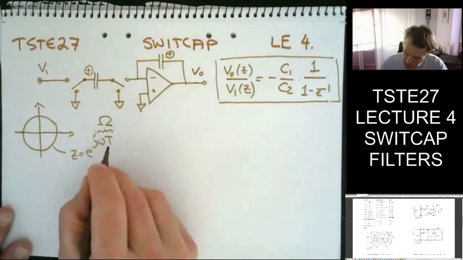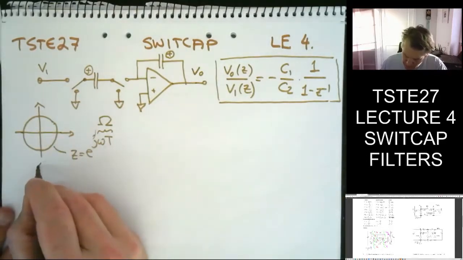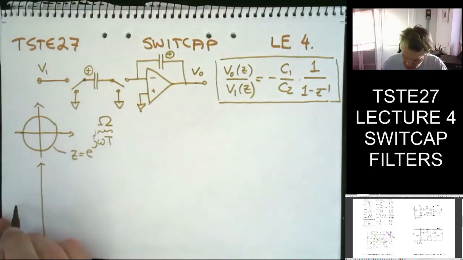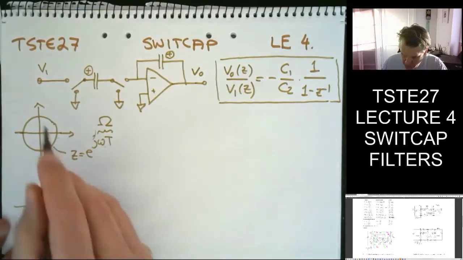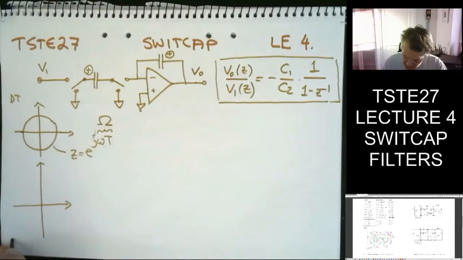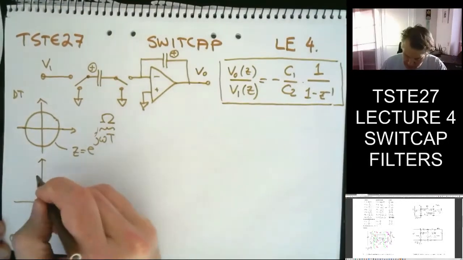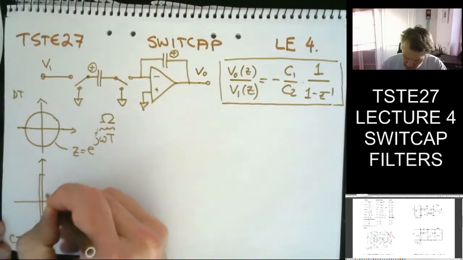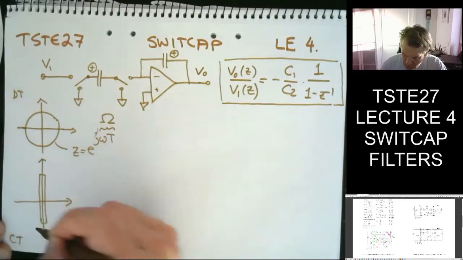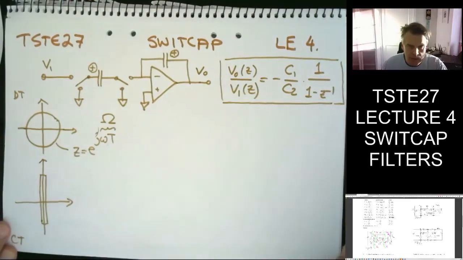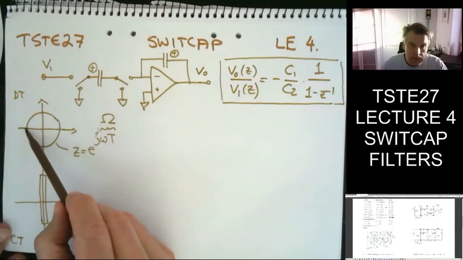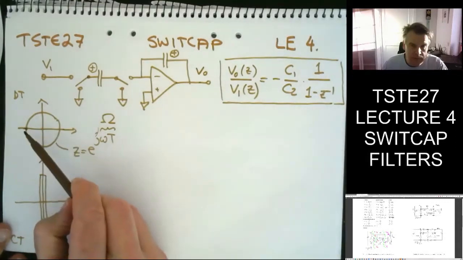Okay. And then we said that if we want to map or compare this with a continuous time domain, so this is my discrete time, this is my continuous time, I would then have a certain range on my axis, which is sort of valid. And one validity, of course, is the sample theorem.